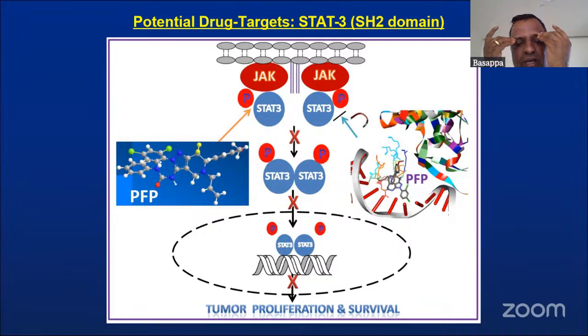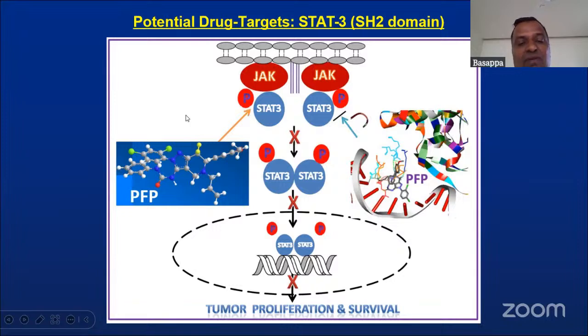In this regard, we identified PFP, a kind of pyrrolo pyrrole fused pyridine and pyrimidine structures, which we identified as phospho-STAT3 inhibitors.